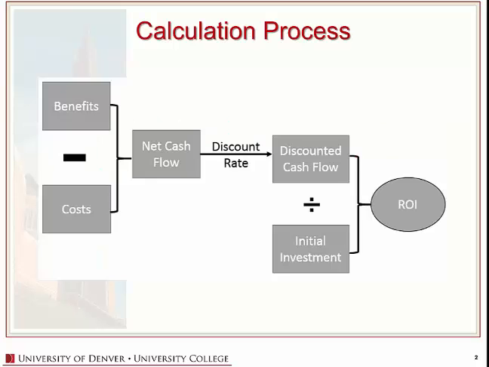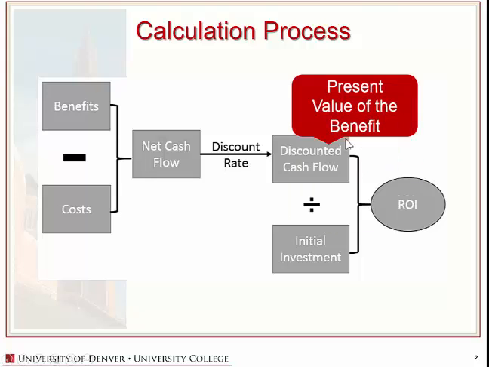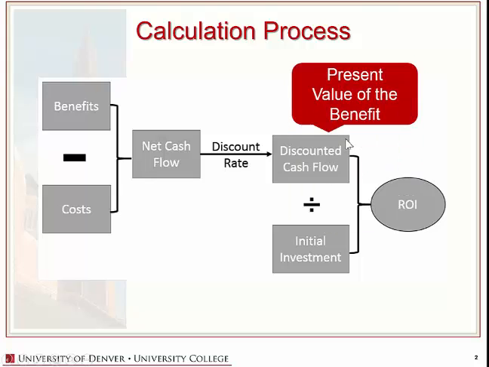As a review, we're going to take a look at the calculation process. It's pretty simple. We take the benefits, we subtract the costs, and come out with a net cash flow. We apply the discount rate and calculate the discounted cash flow. The discounted cash flow is the same thing as the present value of the benefit.